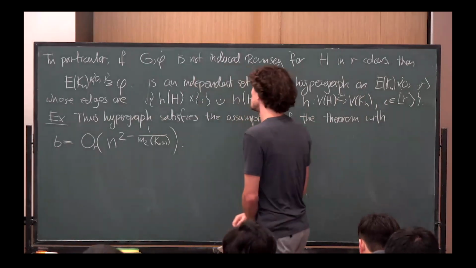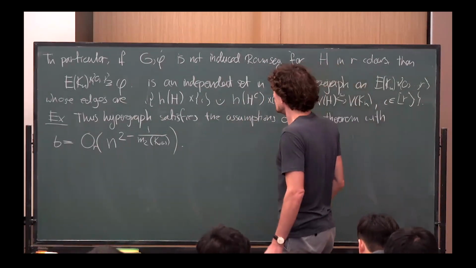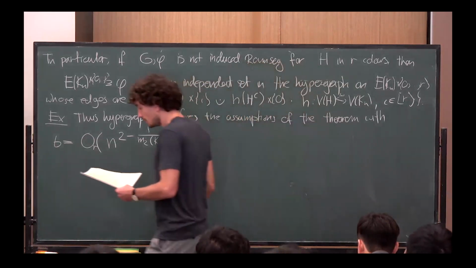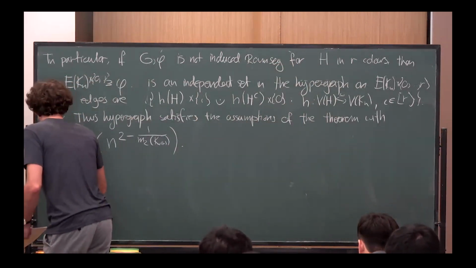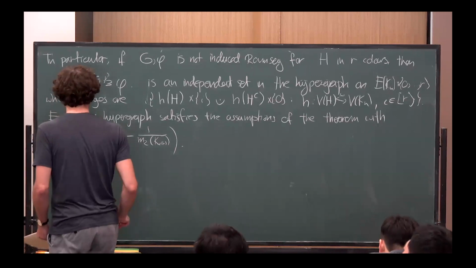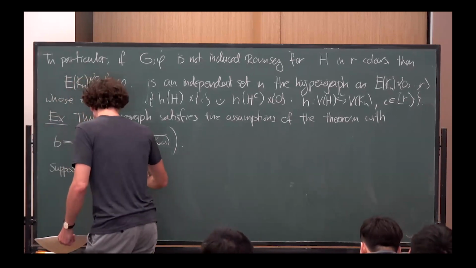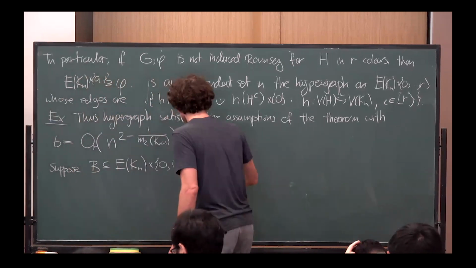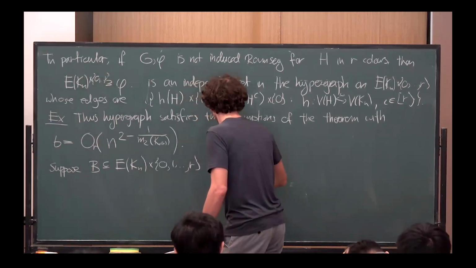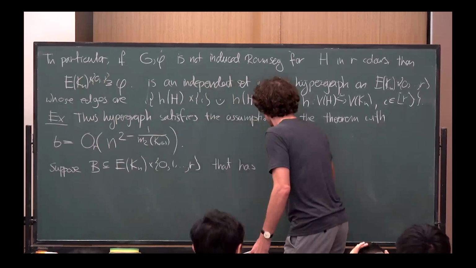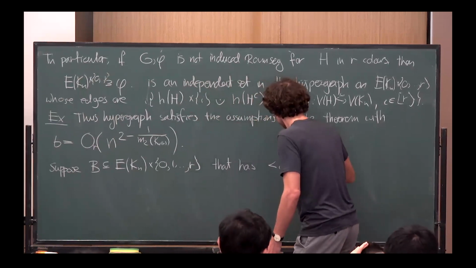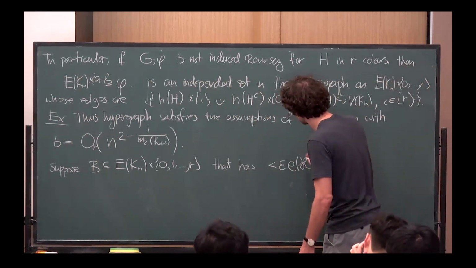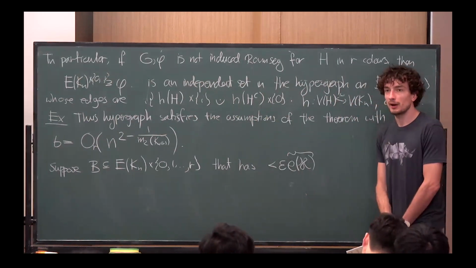So one other thing that we have to learn is, what do we learn from the fact that something is a container, that it's sparse? Suppose that we have a set B, which is a subset of the vertices that has fewer than epsilon proportion of all the edges of the hypergraph. And how many edges are there in this hypergraph?